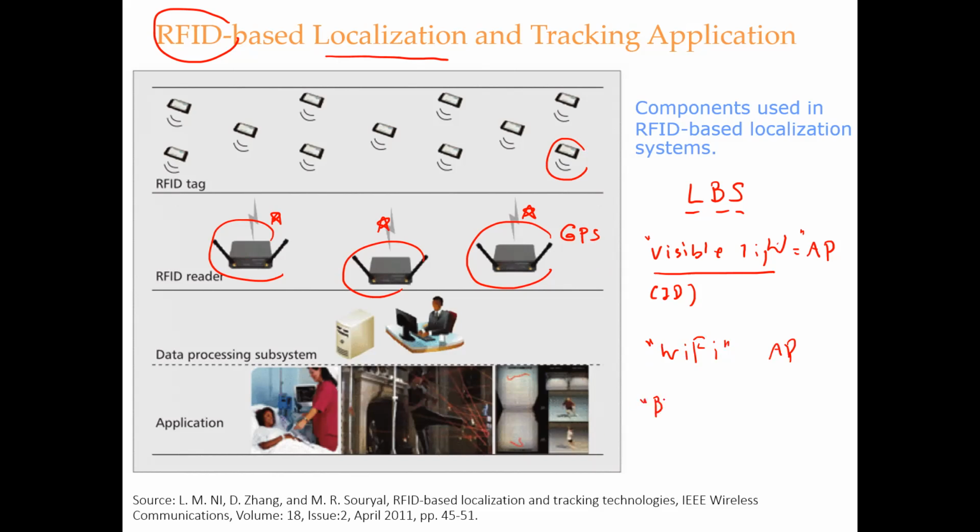What I'm going to say is that the technology is actually there, including RFID, light, Wi-Fi, Bluetooth, and even wireless sensor networks, say Zigbee. This can be applied to specific applications. In this slide, all of this can be applied for LBS technology.